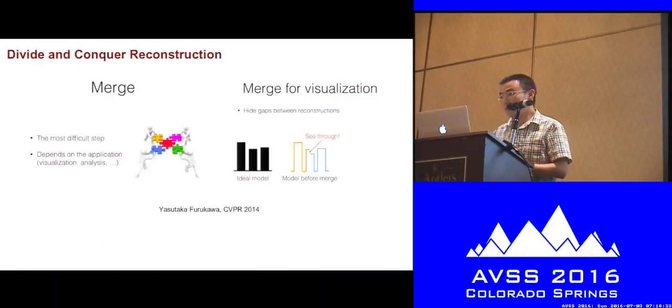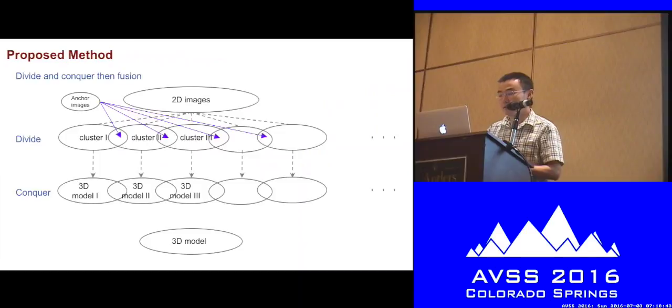So we can say merging actually is not that easy, as Dr. Furukawa said, because human vision is very sensitive to small gaps. So what we propose here is to use duplicated anchor images in the adjacent clusters.